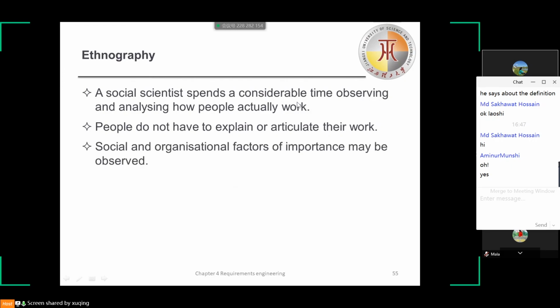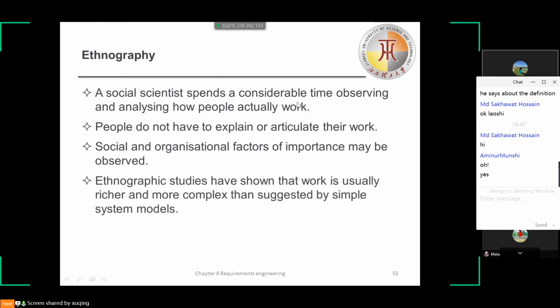Social and organizational factors of importance may be observed. As we say, ethnography will help us to discover implicit system requirements that reflect the actual ways that people work rather than the formal processes defined by the organization.